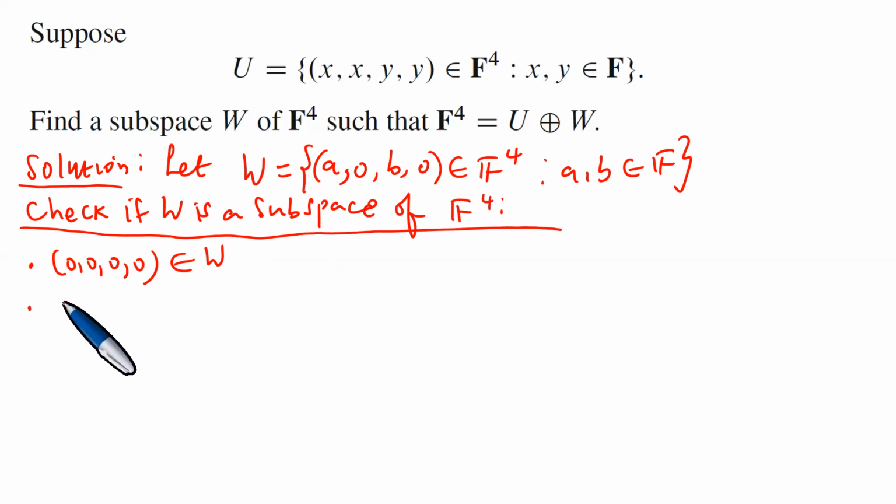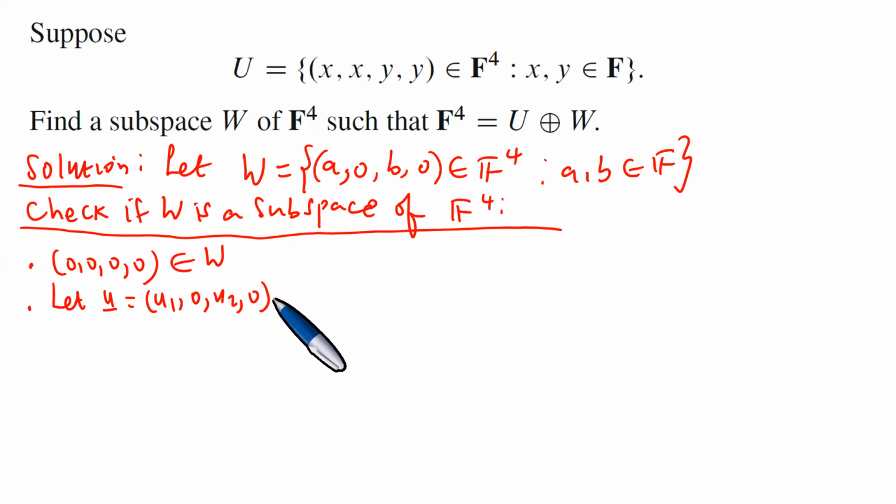Property number 2 is that if you take 2 vectors from this, their sum is going to be there. So we can take 2 vectors. We can take the vector U, and you can call it anything, like U1, 0, U2, 0.